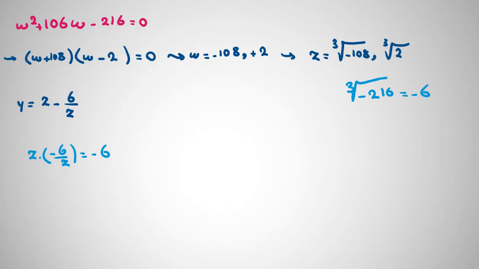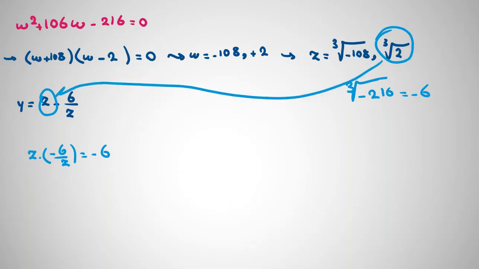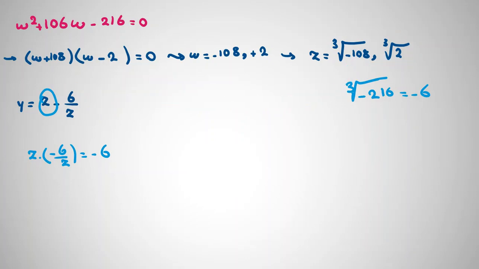So if Z equals the cube root of 2, then this part will be this and that part will be that, because the product will be negative 6. And if you consider the cube root for the other one, the cube root of negative 108 will be for the other term. So it's not important which value we consider for Z. In both cases, we reach the same result for y.